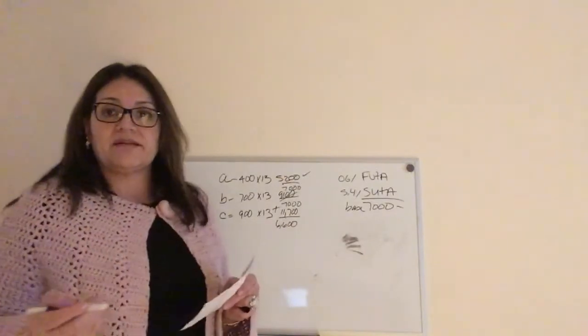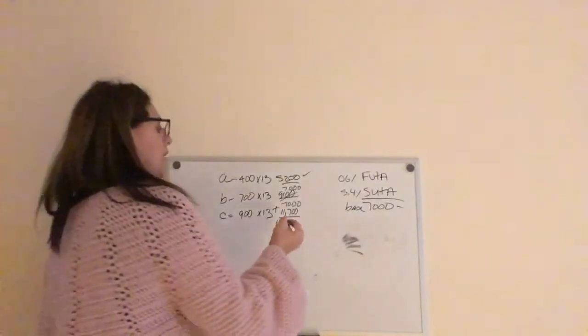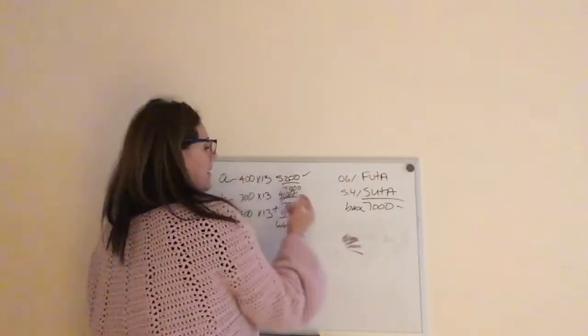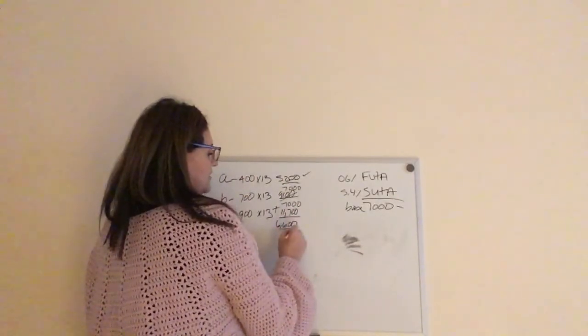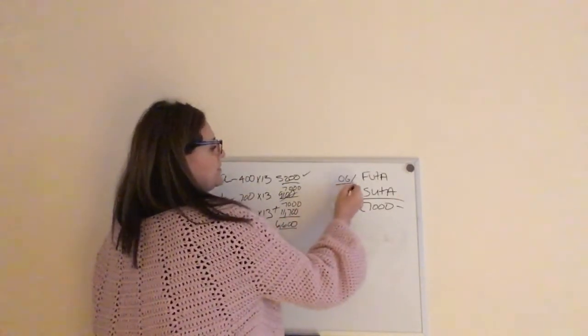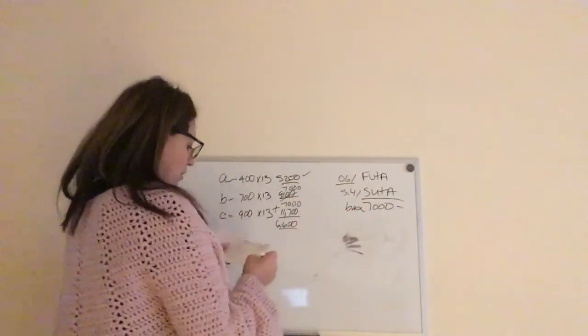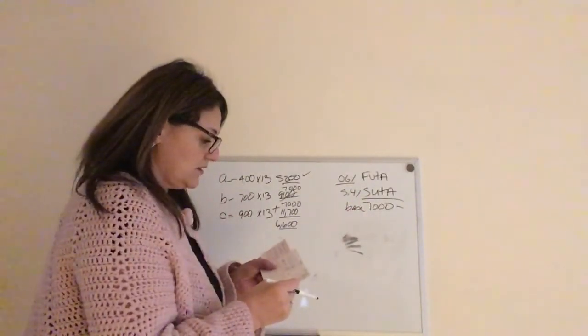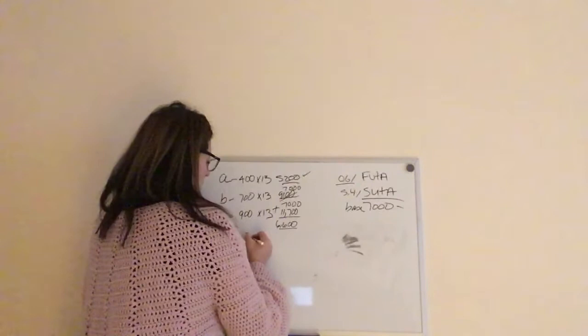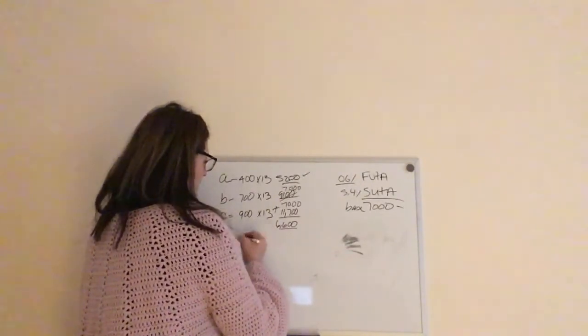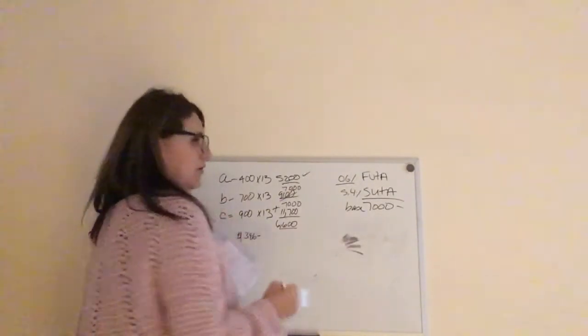What we do next is multiply 6,600 times 0.06%, which gives us $396 for the federal.